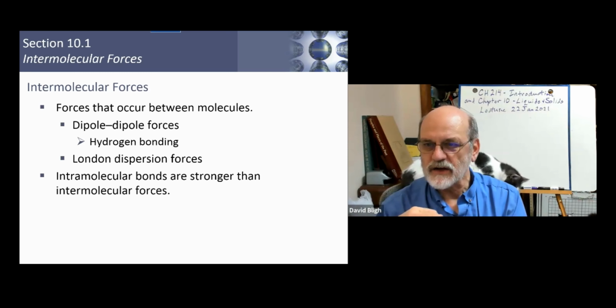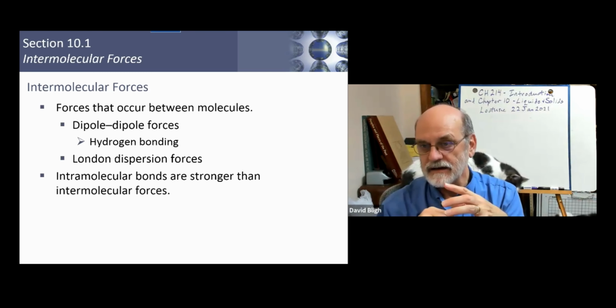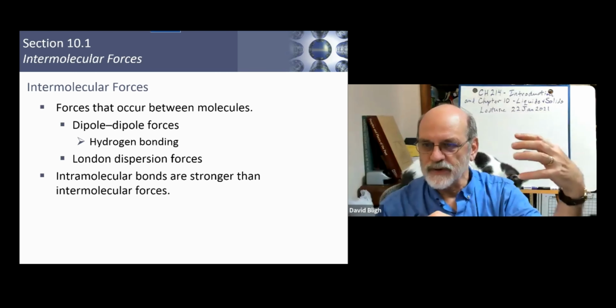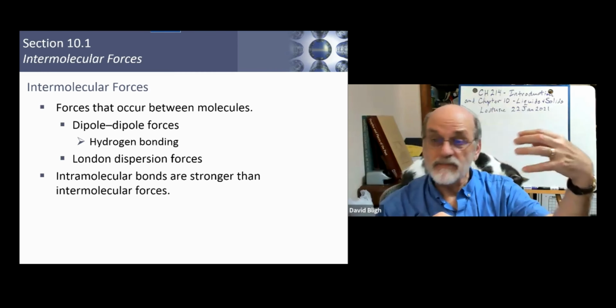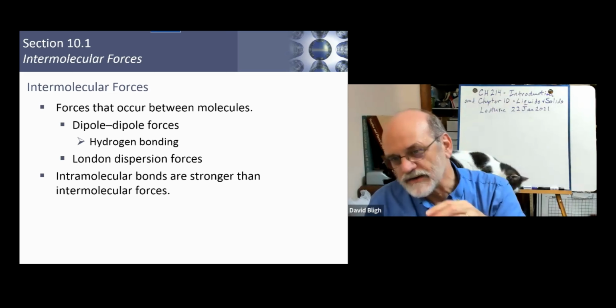In a molecular dipole, the molecule is polarized in such a way that the electron density in the molecule is unevenly distributed. So usually one side will be slightly more negative and the other side will be slightly more positive.